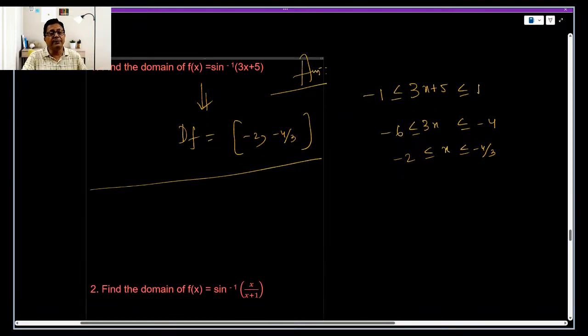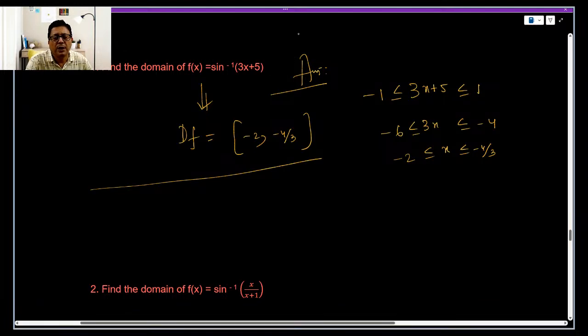The next one can give you trouble. Find the domain of sine inverse of x by x plus 1. You try first. How to find the domain of sine inverse of x by x plus 1?